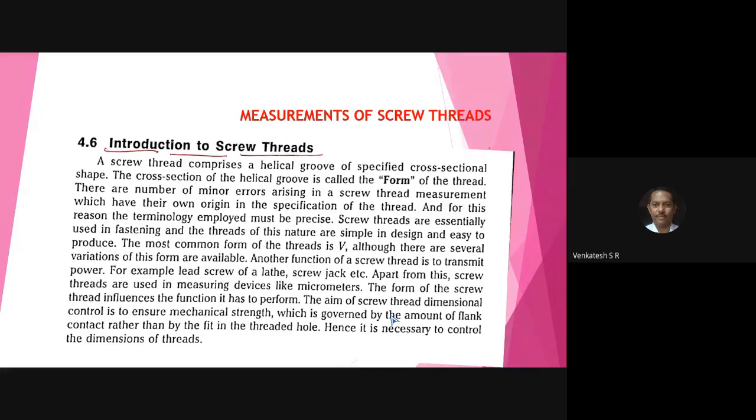In all engineering drawings, they specify by letters. If the drawing mentions LH, then it is called left hand thread. Otherwise, it is considered right hand thread.